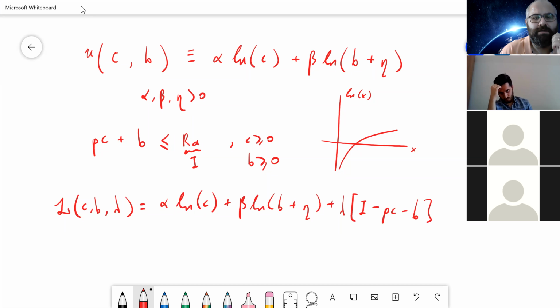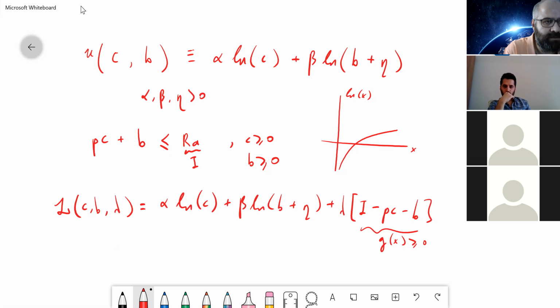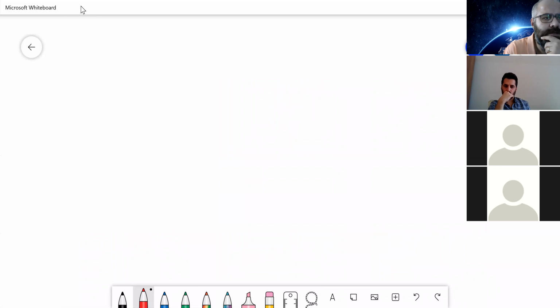Because this is now g of x greater than or equal to 0. Okay? Now, how do you proceed? Well, you're going to look at the first order necessary conditions, right? So, first, for your choice variables, then for your constraint.